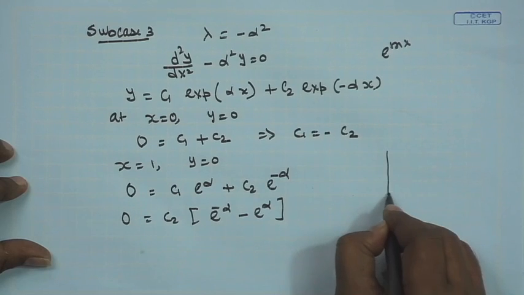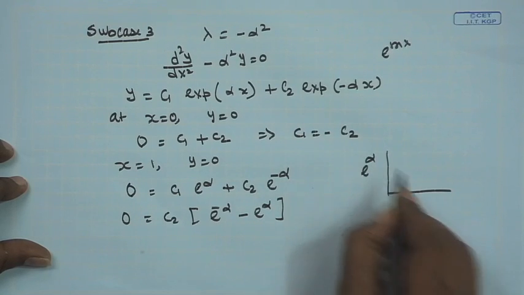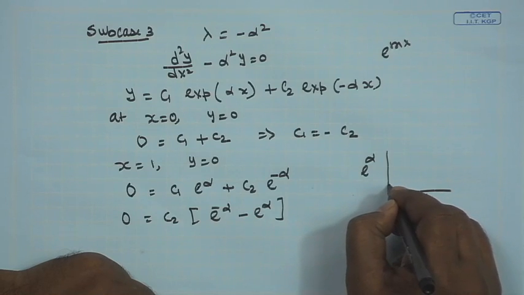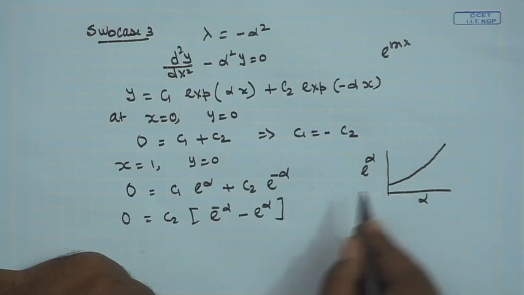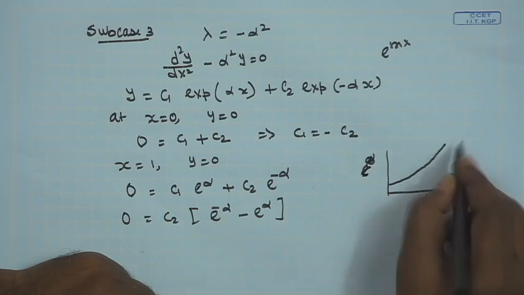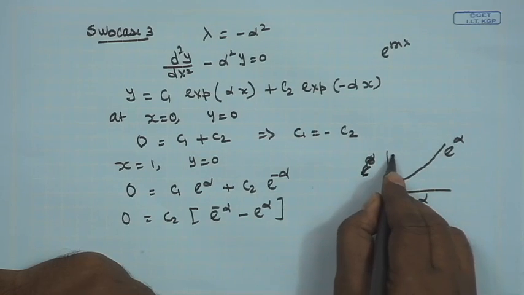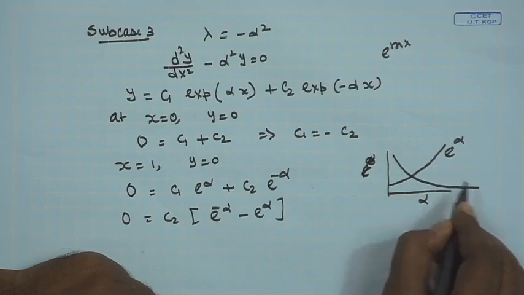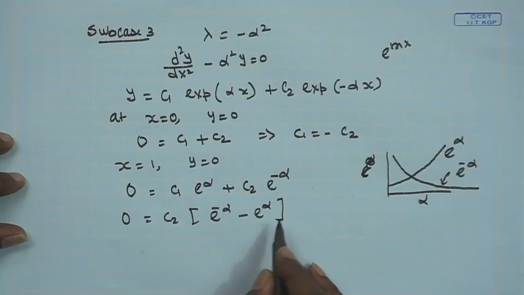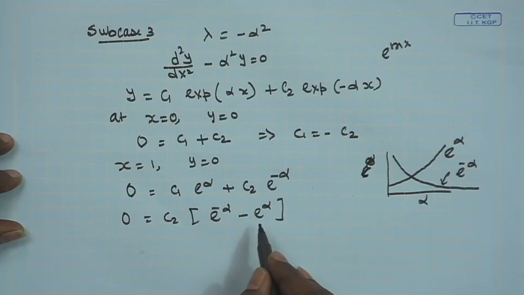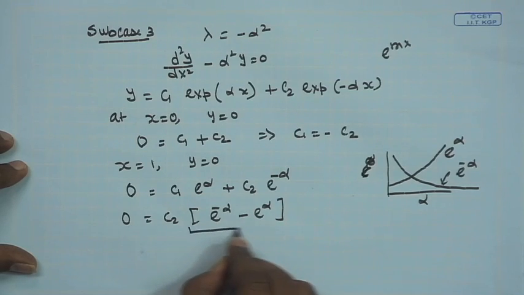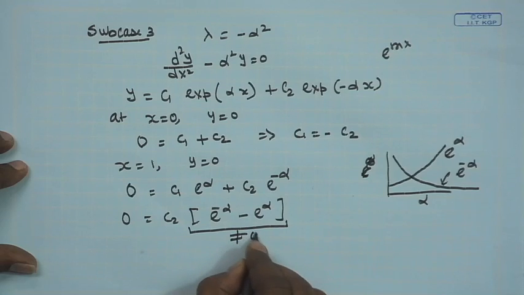If you know the variation of e to the power alpha versus alpha, for a positive alpha this will be e to the power alpha, and e to the power minus alpha will be like this. So, their difference will be a finite value and it will never be 0. That means in this equation this part can never be equal to 0.